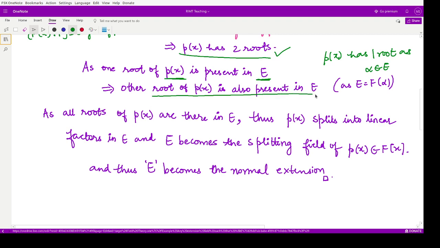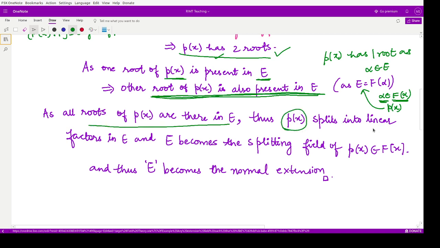So the other root of P(x) must also be present in E, because E is nothing but F(alpha), and because alpha is present in F(alpha), all the linear combinations of alpha are also present in F(alpha). So the other root of this polynomial P(x) is also present in E. Now it has two roots and all of them are present in E, so the given polynomial P(x) splits into linear factors in E. And if the polynomial splits into linear factors in E, that means E becomes the splitting field of the polynomial P(x) belonging to F[x].